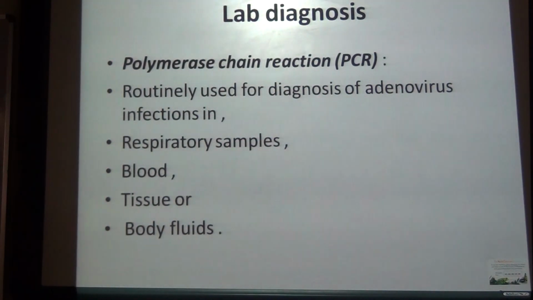So this is done in respiratory samples, in blood, in tissues or body fluids. Now in this case, by means of polymerase chain reaction, the DNA of the virus is extracted and then it is amplified thousands or millions of times.